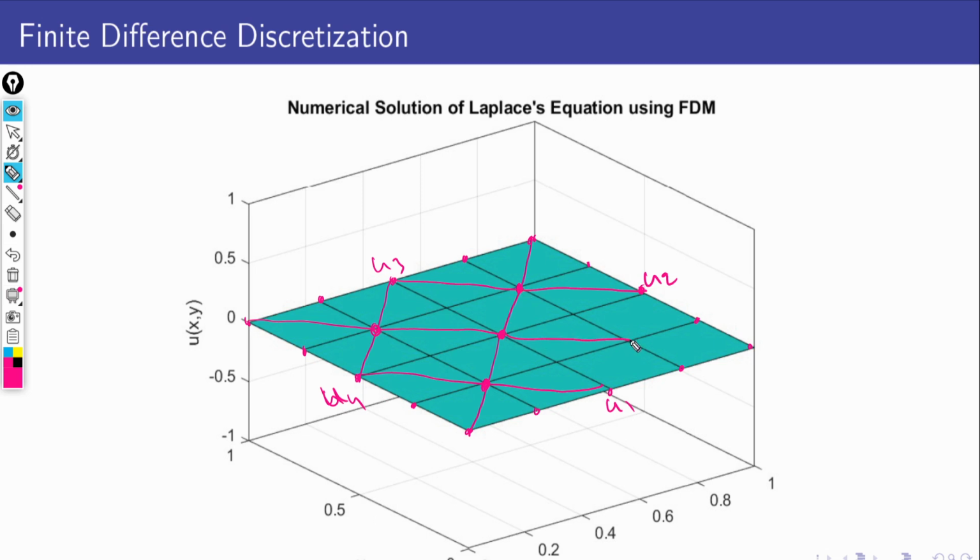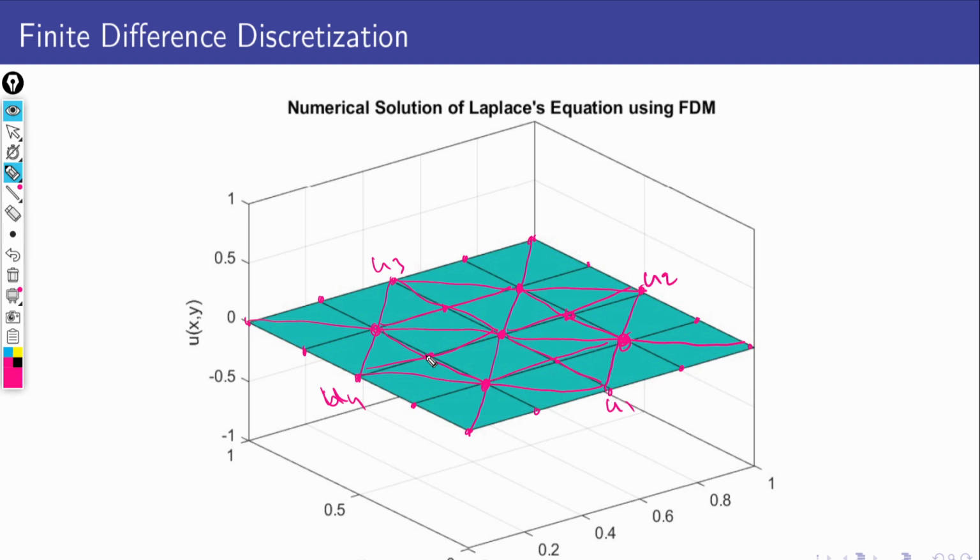Similarly, by using this diagonal, we are able to get this value. Now we can compute this point, as the neighboring points are known. We can compute this point and this point. So this is the complete process to get the values of the interior points if the boundary points are known in the grid.